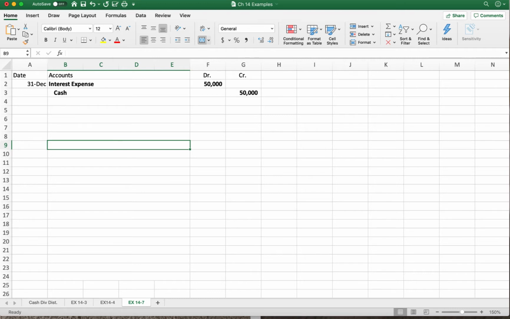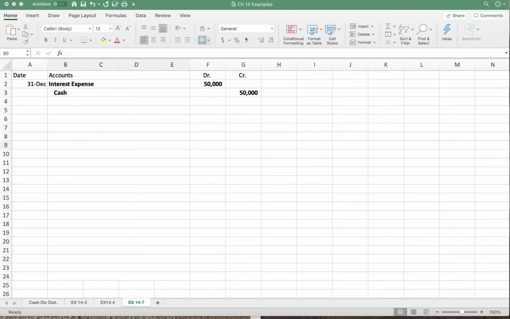What's the problem here? Well, the problem is we hit the totally wrong account. We have $50,000 of an interest expense that isn't even right. Nowhere in the problem does it say we paid interest. No. It says we declared and paid a $50,000 cash dividend. When we did that, we made the journal entry like we see on the screen. Interest expense, cash. We know that's wrong, okay?